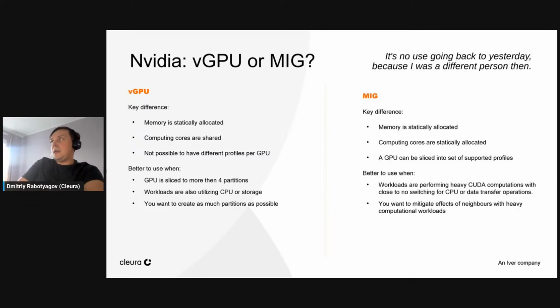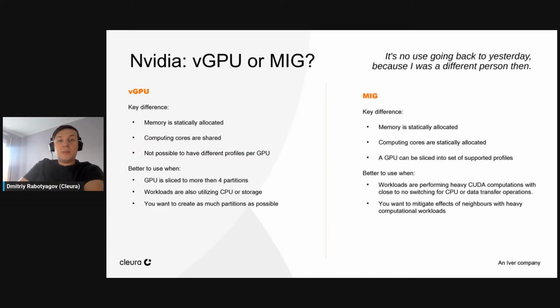It's basically a single command to nvidia-smi. But you should also keep in mind that not all Ampere series support MIG. The main key difference is that in MIG mode, computational cores are statically allocated.